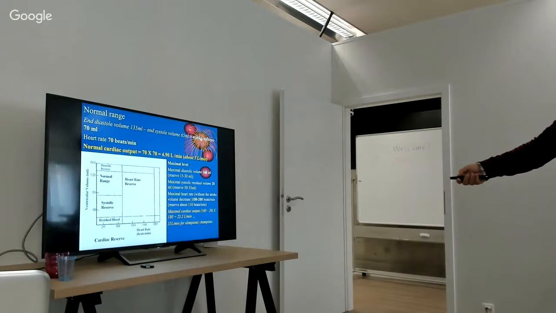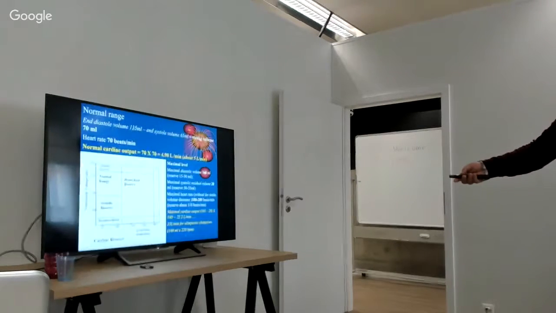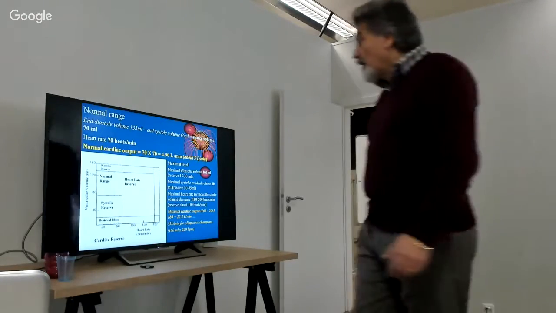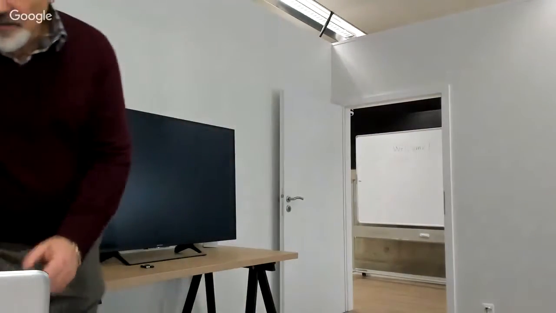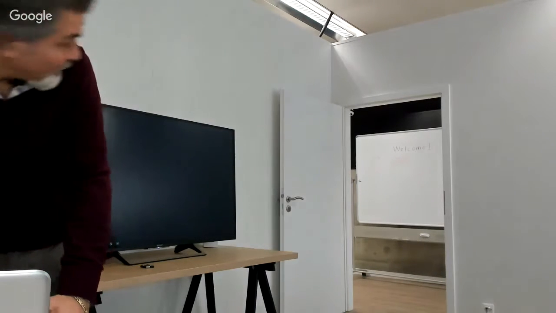If I'm an Olympic player, if I exercise, I can go to 35 liters per minute. This is the cardiac reserve.